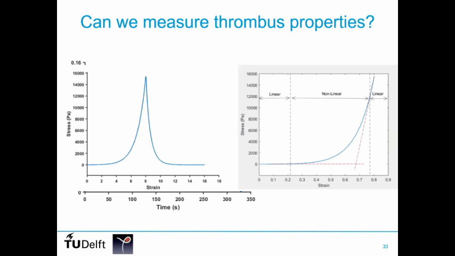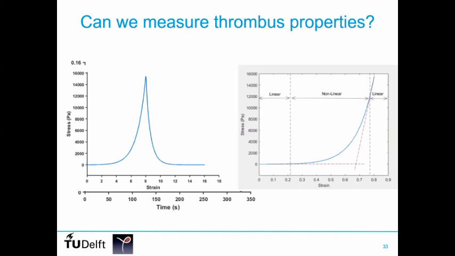There's a nonlinear regime where we observe strain stiffening. That's a common feature for all kinds of biological tissues, especially if you've got networks, that there is some nonlinear strain stiffening behavior. And at some point, it gets linear again with a much higher stiffness than in the original region.